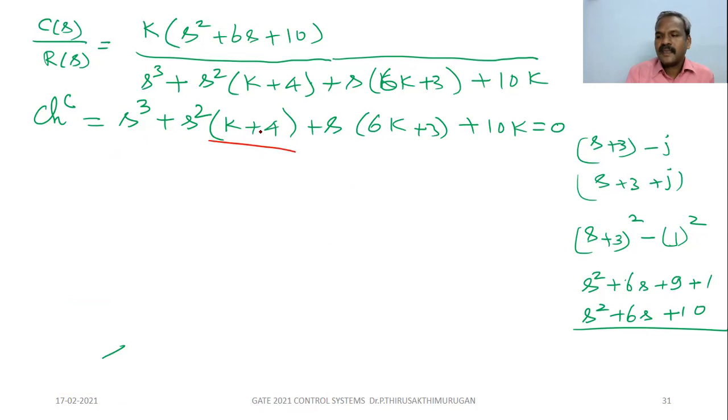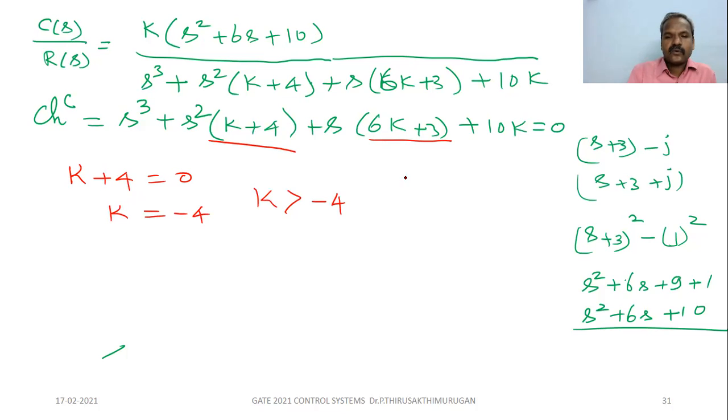So k should be greater than minus 4. Right? So here k plus 4 equal to 0, so k equal to minus 4. So k should be greater than minus 4.